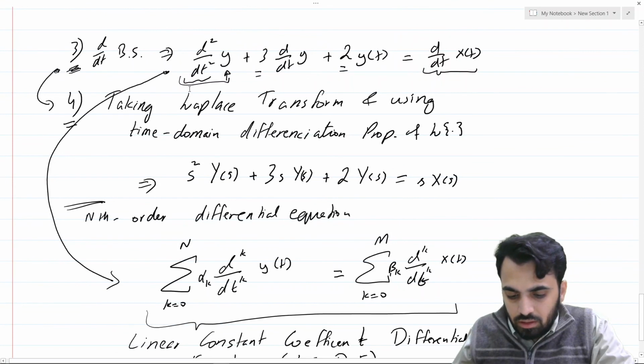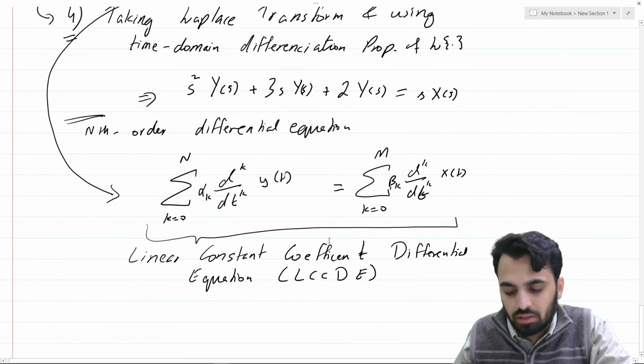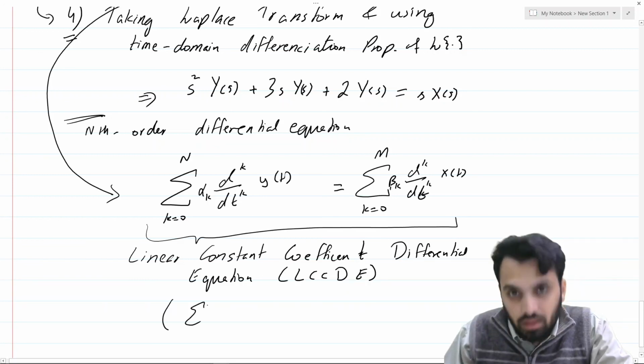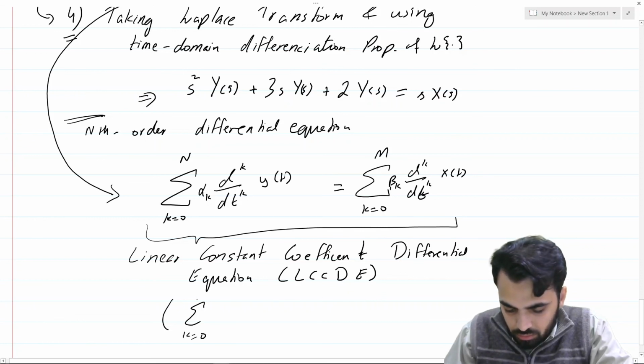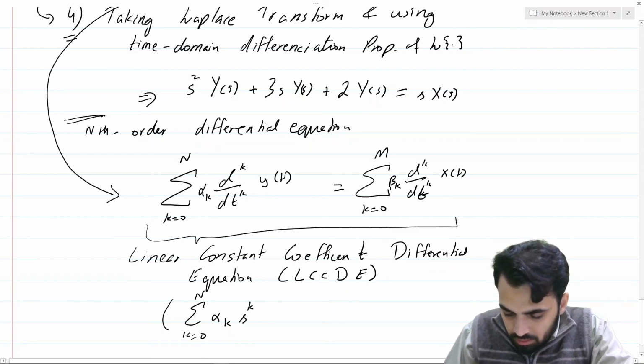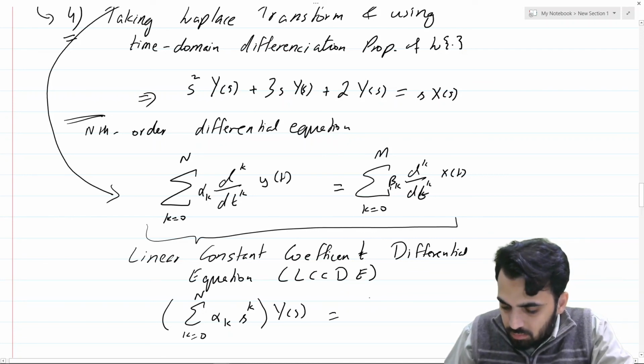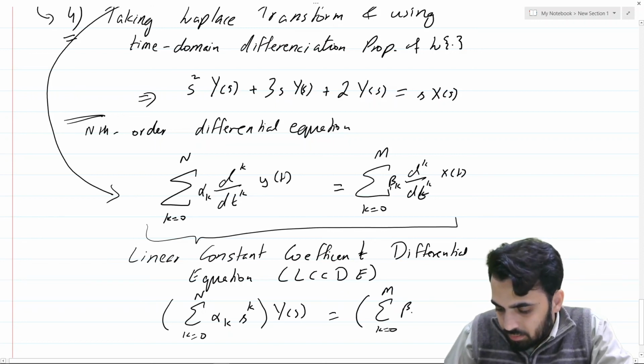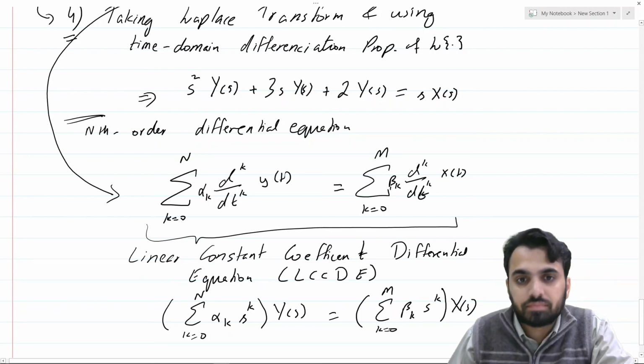So in the example we took the Laplace transform and used the time differentiation property on this expression. Similarly, for the general form we can again use the Laplace transform and the differentiation property to get another generic form, which is summation k equal to 0 to n alpha k, and the differential changes to the polynomial s to the power k, Y of s, and similarly this is summation k equal to 0 to m beta k s to the power k X of s.